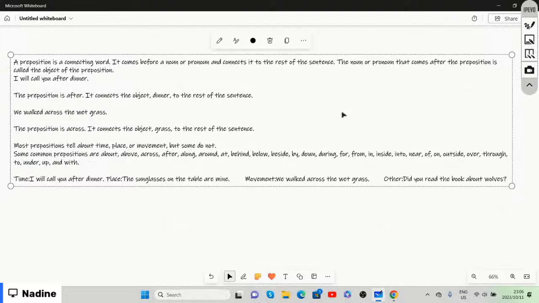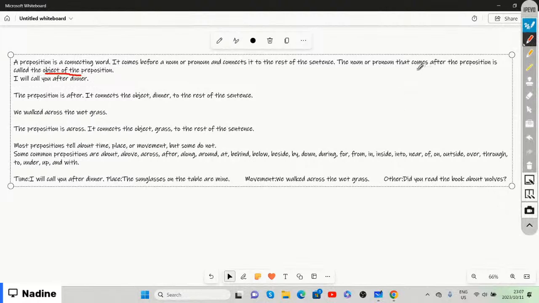So a preposition is a connecting word that comes before a noun or pronoun, and it connects it to the rest of the sentence. The noun or the pronoun that comes after the preposition, we call that the object of preposition. So the object of preposition comes after the preposition.